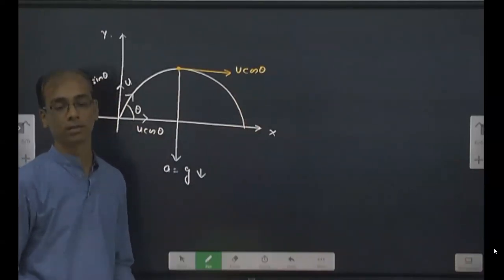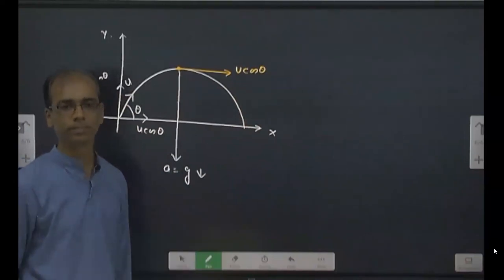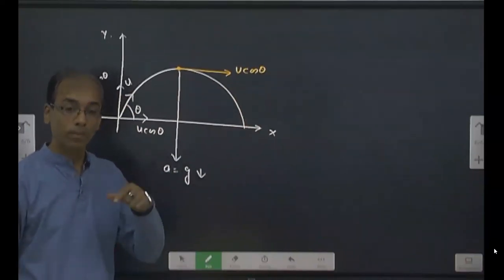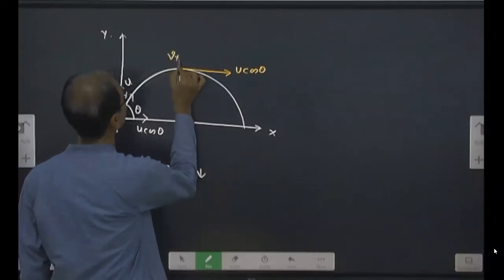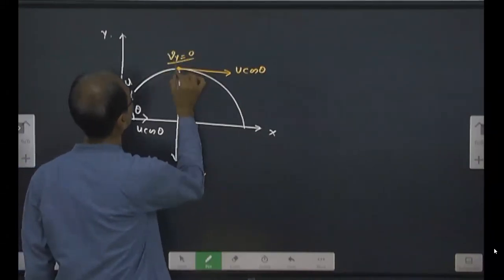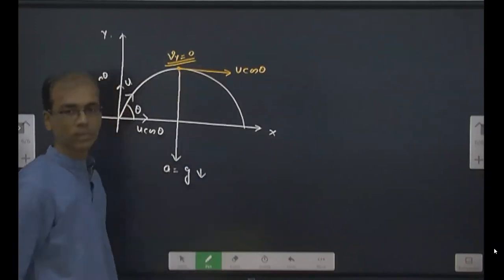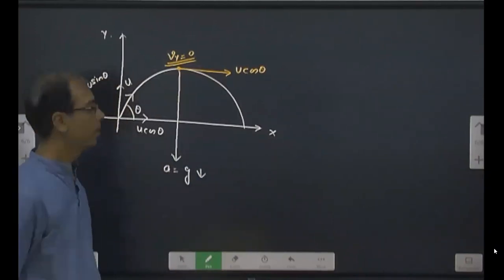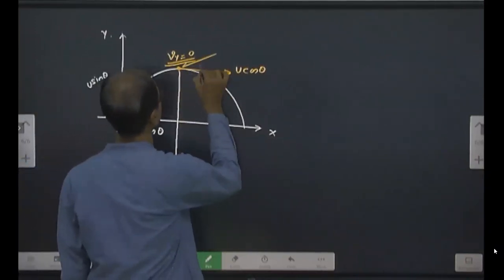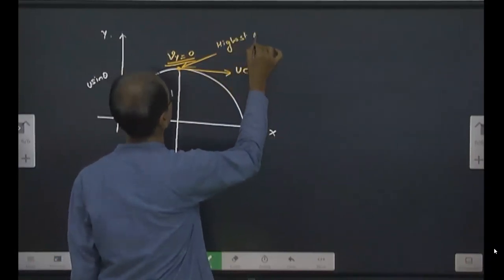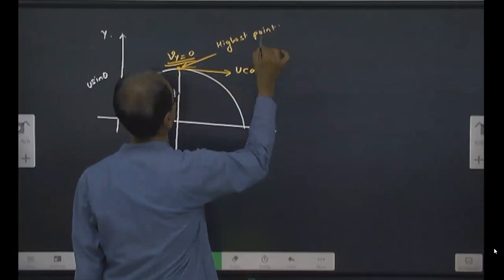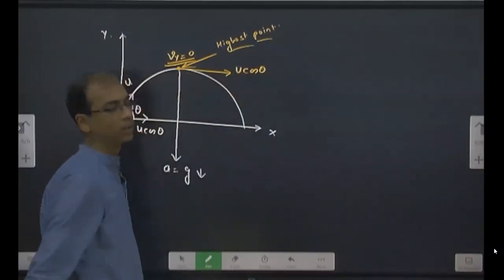U cos theta. Because U cos theta is everywhere. Okay, so vertically only it will be 0. So vertical component of velocity has become 0. Vy is 0. Okay. This is the highest point. So at highest point, Vy has become 0.